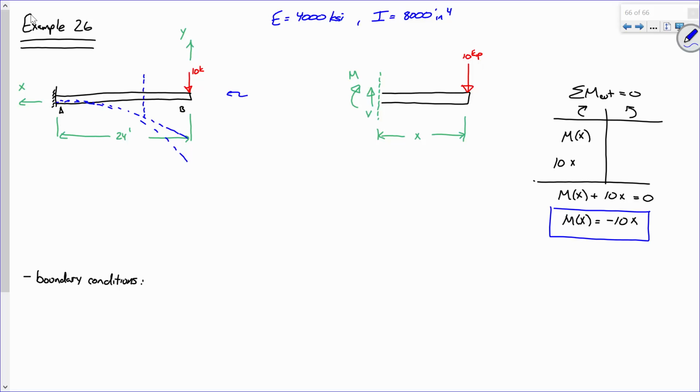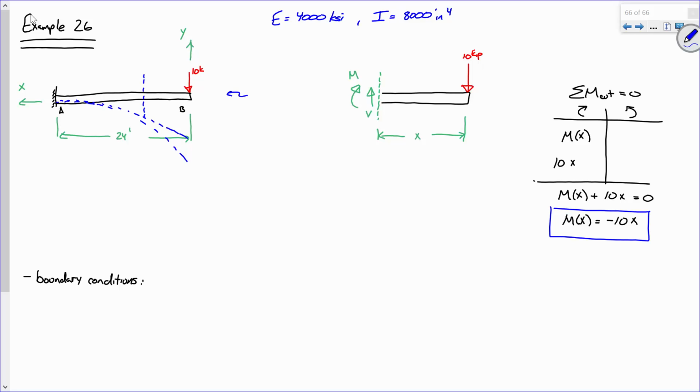All right. What can you tell me about the deflection at A? What can you tell me about the slope at A? Now, what can you tell me about the value of x at A? 24. There you go. Because this is x equals 0. This is x equals 1, x equals 2, x equals 3. This is x equals L, or x equals 24.